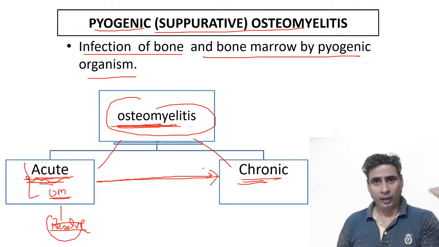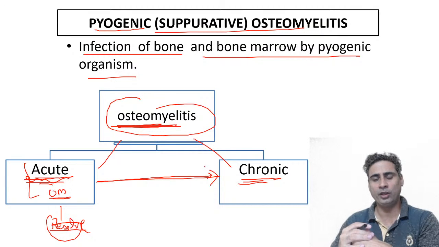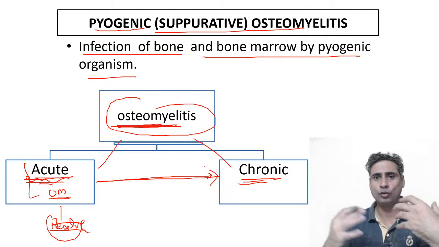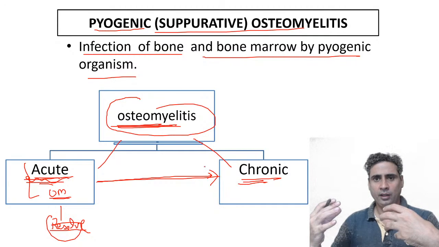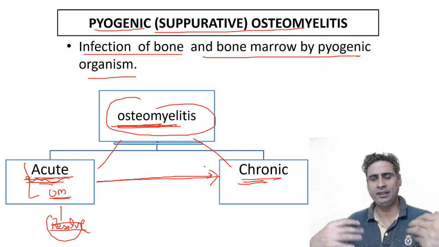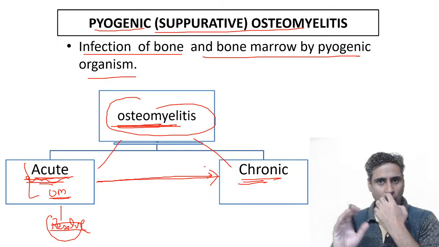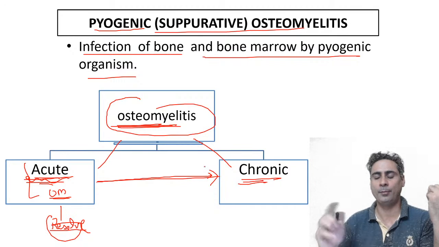Now in previous days, usually we differentiated acute and chronic osteomyelitis based on the time duration, and the duration was 4 to 6 weeks. If infection is less than 4 to 6 weeks, we used to call it as acute osteomyelitis. If it is more than 4 to 6 weeks, we used to call it as a chronic osteomyelitis. But now that definition is no more acceptable.